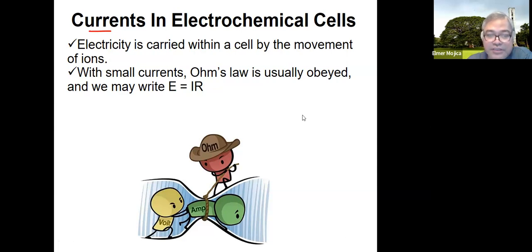And as noted earlier, electricity is carried within a cell by the movement of ions. And usually, what can we say about Ohm's law? One of the most fundamental electrical relationships.